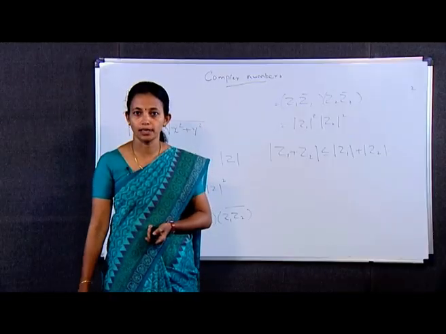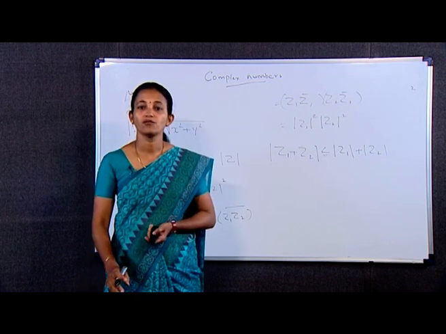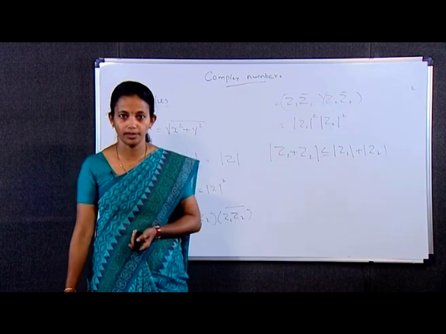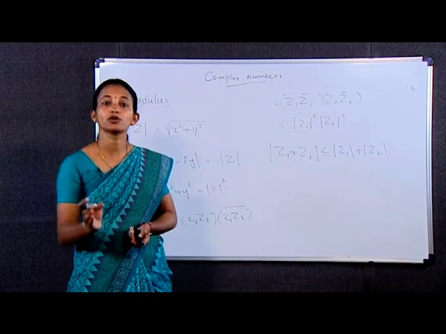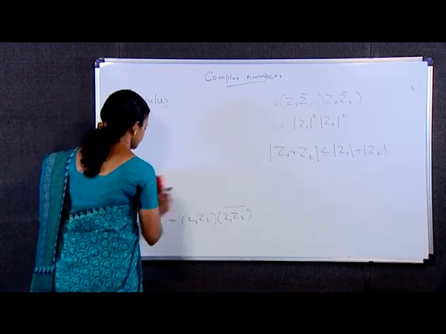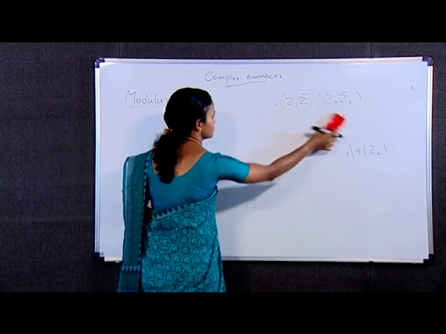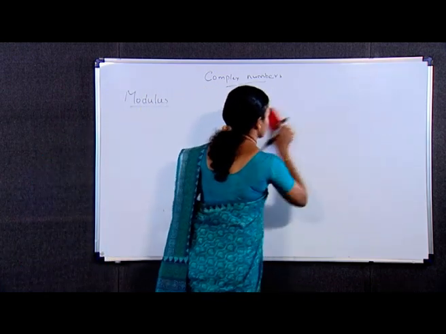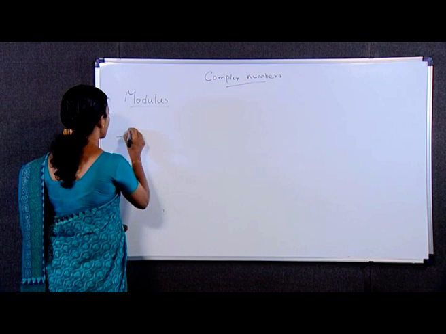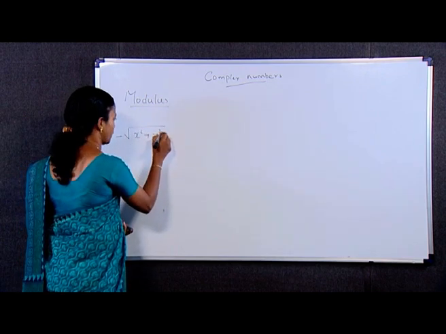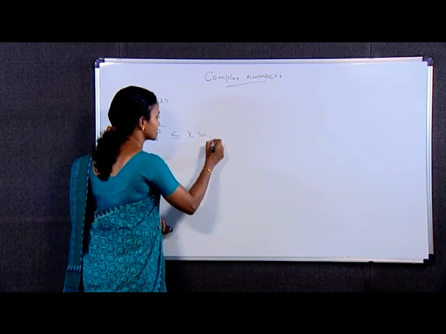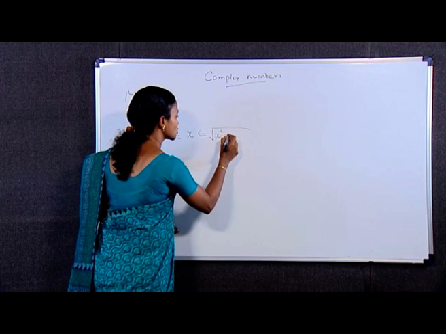To prove the triangle inequality in the case of complex numbers, we first observe that for any complex number z equal to x plus iy, we have minus square root of x square plus y square is less than or equal to x, which is less than or equal to square root of x square plus y square.